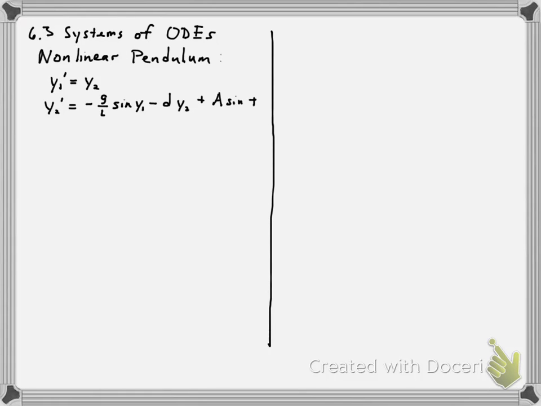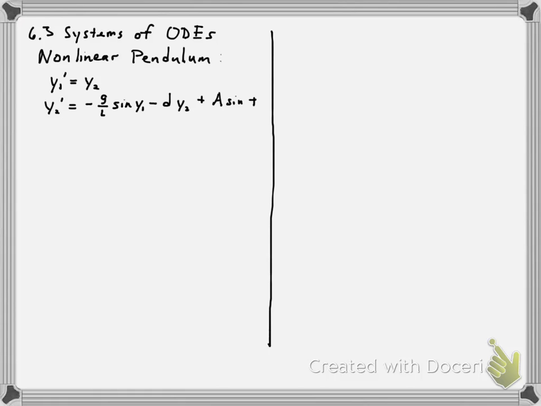So in this lecture I'm going to discuss systems of ODEs and how we can solve them numerically. If you recall the nonlinear pendulum, it was a second order nonlinear differential equation that we converted to a two-dimensional first order system. And the system that I have here includes a few more features than the one that we derived previously.